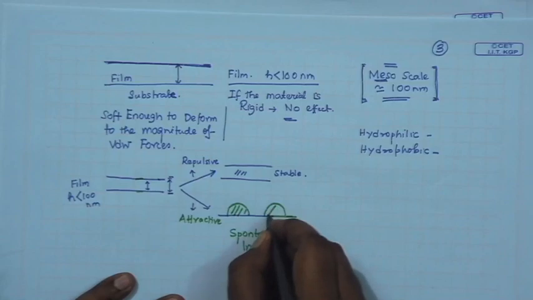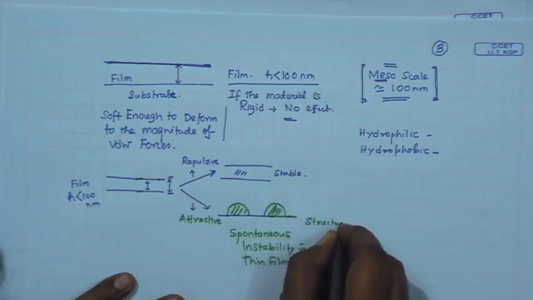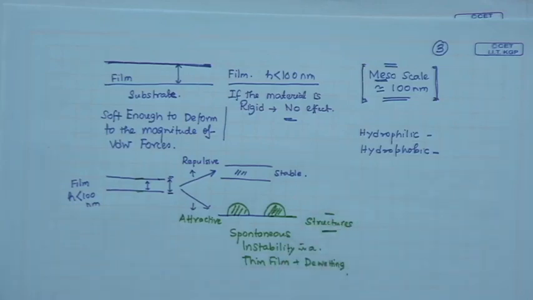So, as I told in that cartoon, these lead to structures, and these structures are often very small in lateral dimension. So, here is the new concept, new approach. Well, if your thin film is unstable due to whatever reason, the reason for which you are going to learn, it is not good for the coating application.